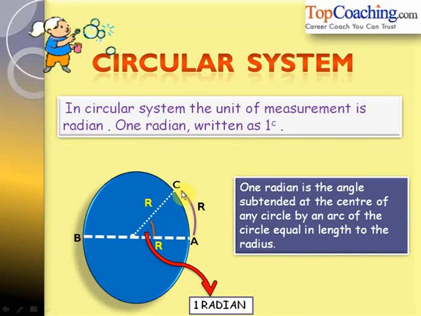What we see here is 1 radian is actually the angle subtended by this arc AC at the center, such that the length of this arc is equal to the radius of the circle. So this is known as 1 radian.